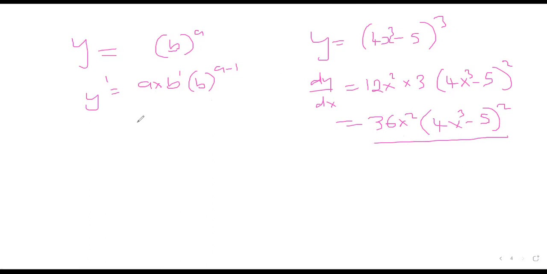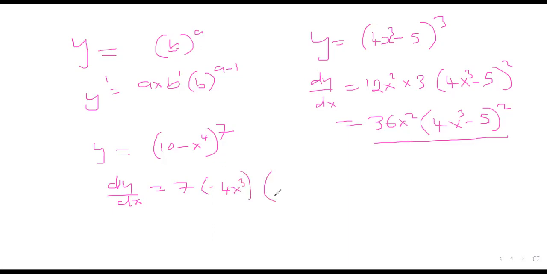All right, let's try it again. If you have y is equal to (10 minus x^4) to the power 7. So what we do, dy over dx, you can drop the 7, times, you differentiate what is inside here, which is negative 4x^3.